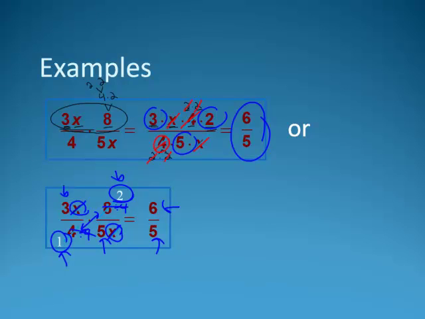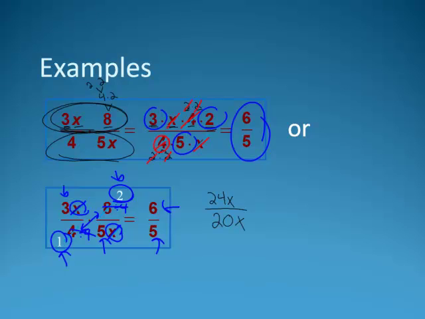Another way that you could do that same problem, if you missed any of those steps, is if you simply multiply the entire numerator. 3 times x times 8 is 24x. And then do the whole multiplication step in the denominator. 4 times 5 times x is 20 times x.